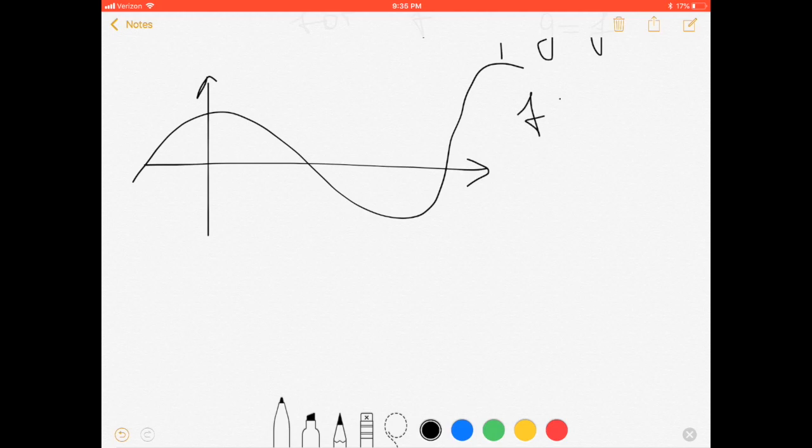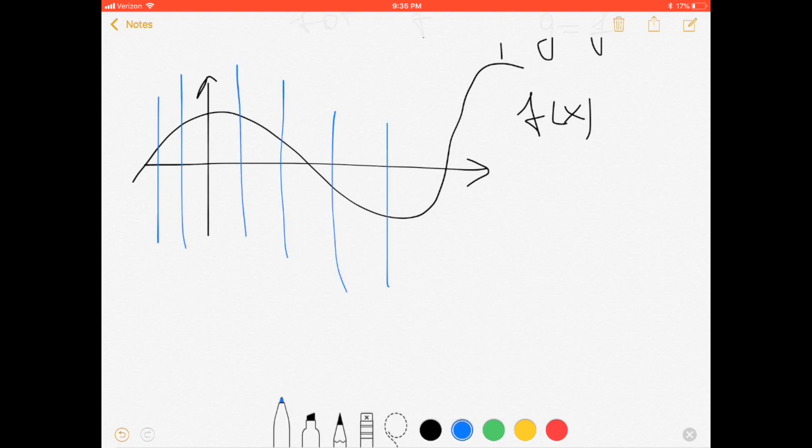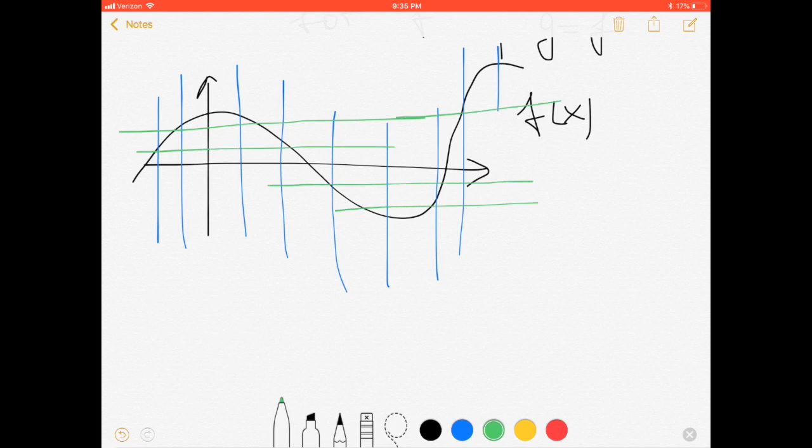This is a function because the vertical line test shows that any vertical line intercepts my graph at only 1 point. But what happens if I use a horizontal line? It's the green one, you see? I have a lot of lines that intercept my graph at more than 1 point. This means this function is not one-to-one, and so it is not invertible.